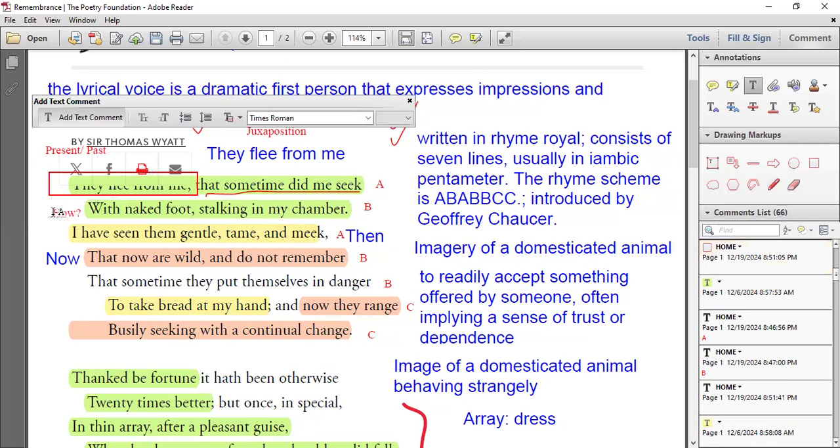They came after me with naked foot. What is the meaning of naked foot? Without any sandal, so that their going to the poet's personal room is not known to anybody. It's a secret meeting. So the ladies once were thronging behind Sir Thomas Wyatt.